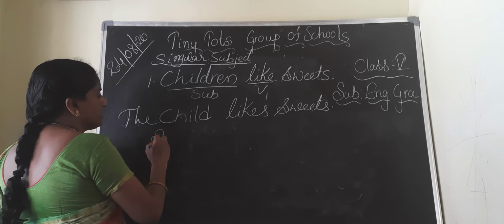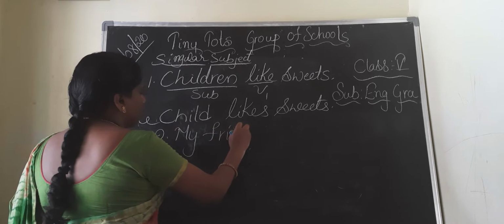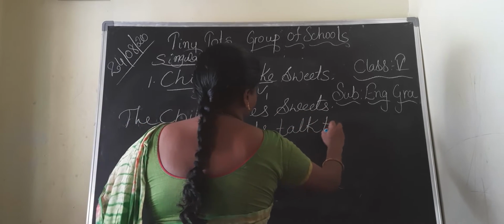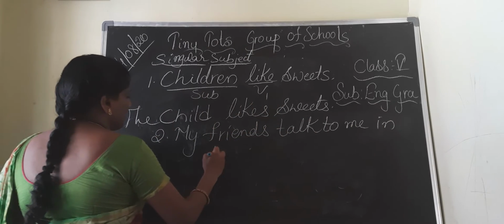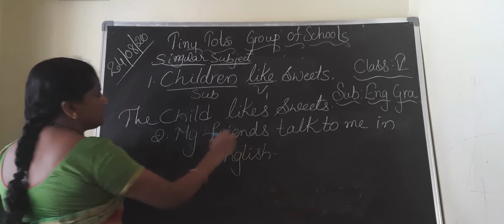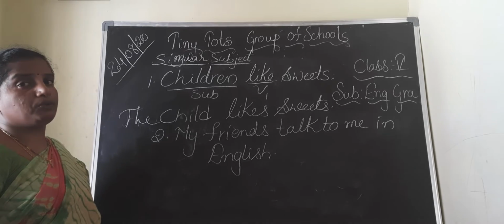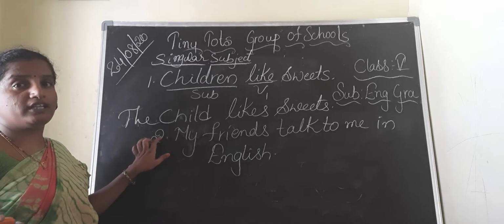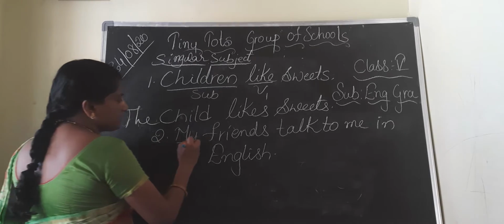Suppose they have given us "My friends talk to me in English." Suppose this is a statement and I tell you to change it into the singular subject. What is the subject, children?